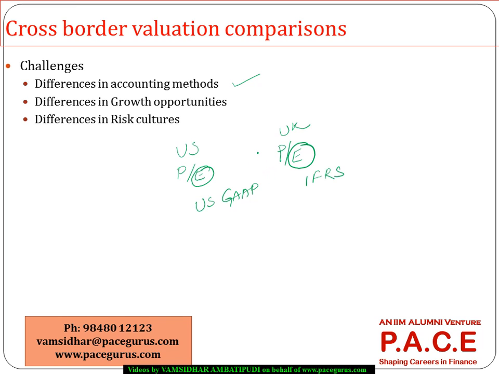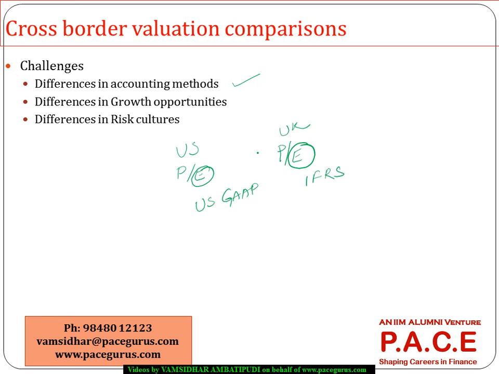So I cannot directly compare the P by E of both the firms and say that this is undervalued compared to this. You need to understand what are the accounting differences that have led to this particular E, which has resulted in a difference in the P by E.